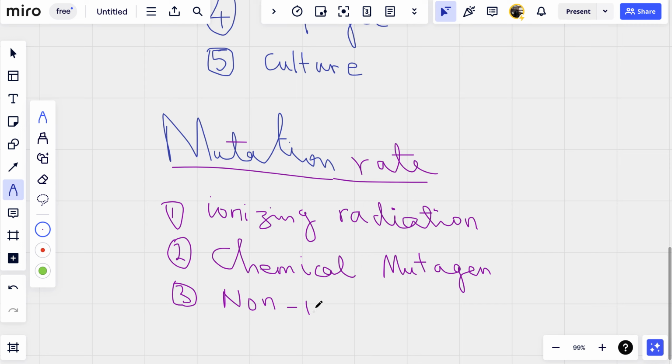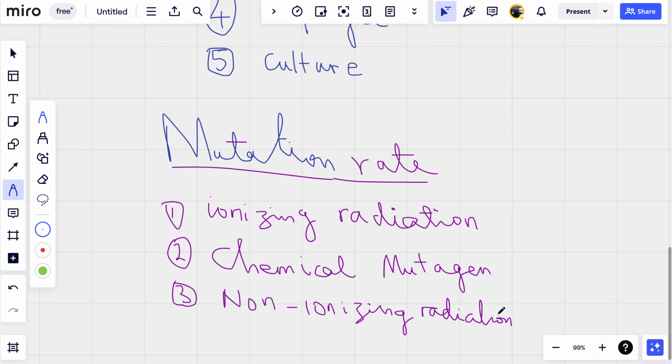Non-ionizing radiation, a good example is UV light. So each of them will give an example that increases the rate of mutation in our body.